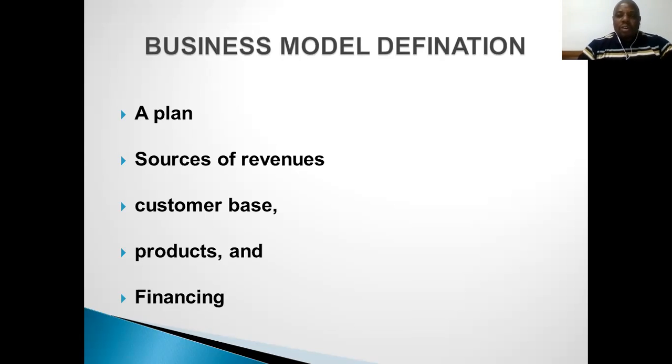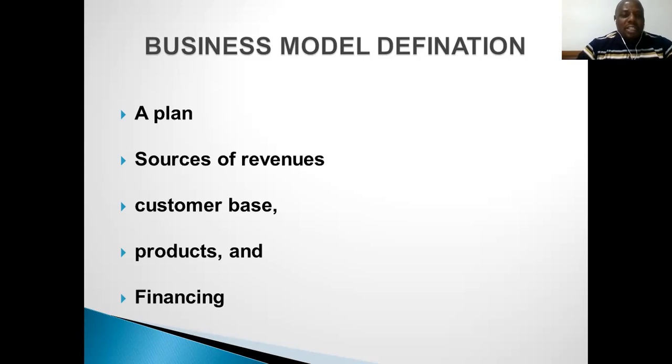In full, it is a plan for the successful operation of a business, identifying the sources of revenues, the target customer base, products, and the details of financing. Essentially, it tells us how the key drivers of a business fit together.